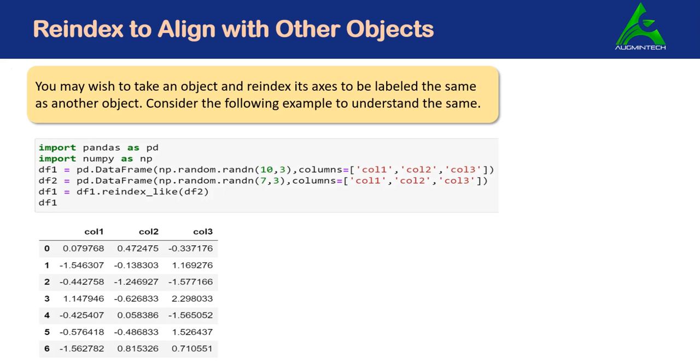If you notice, the columns are the same for both the data frames, and only the values that we are passing to our random function in terms of rows and columns are different. The first data frame has 10 rows and 3 columns, whereas the second data frame has 7 rows and 3 columns. So when I do df1.reindex_like(df2), this actually creates the columns and the random values inside it.